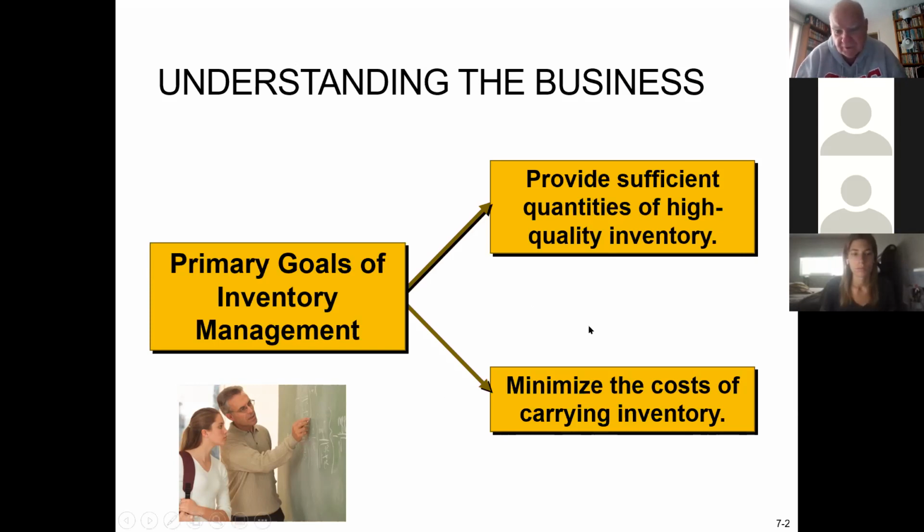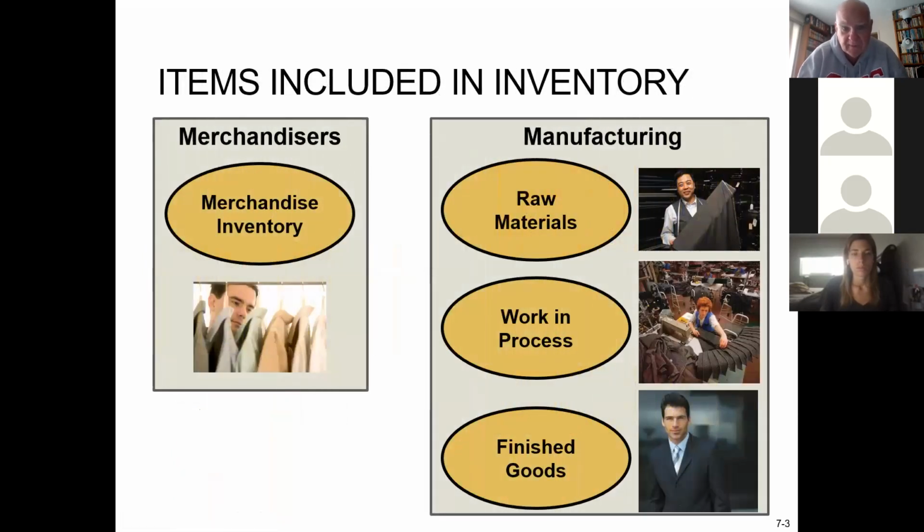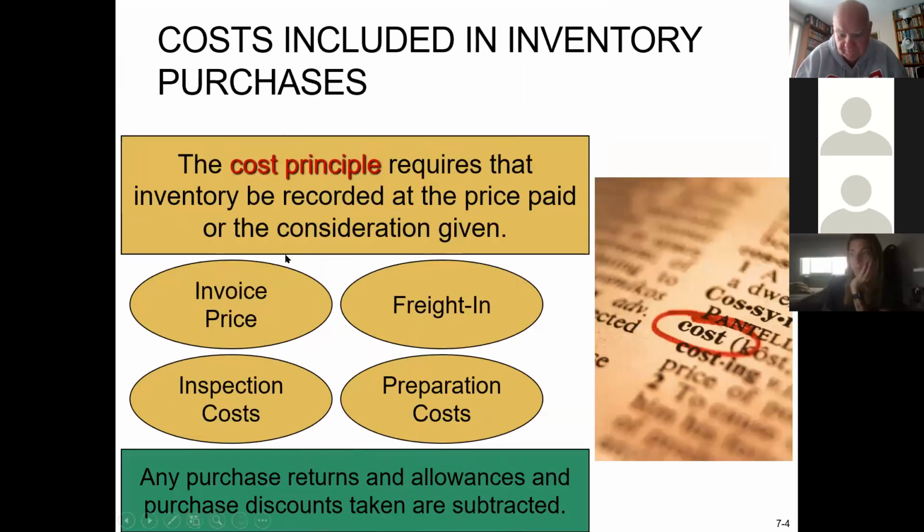The more inventory you're carrying, you've got more costs, more insurance, so you want to minimize the inventory. Now in this chapter, we are merchandisers. We are not manufacturing. This is accounting 240. Here, we are buying a product and hopefully selling it for a profit.